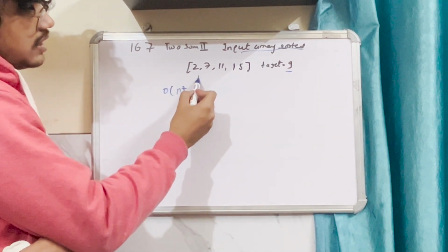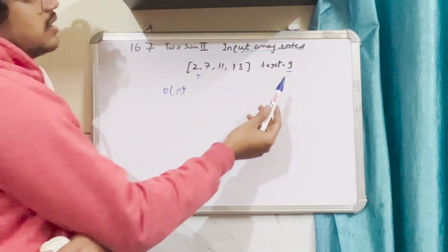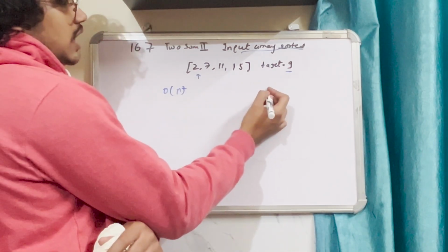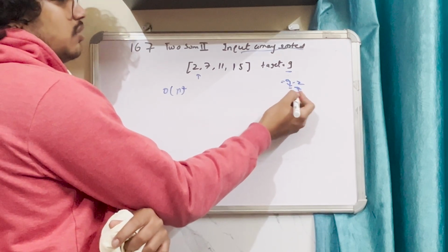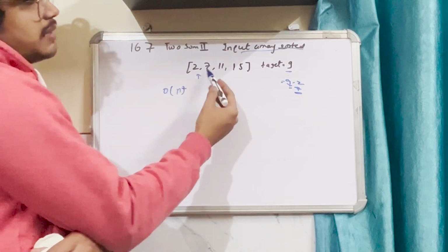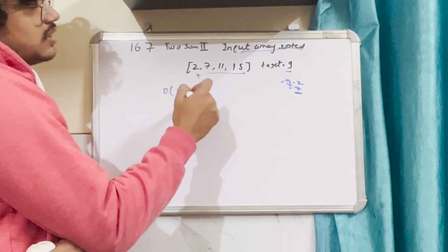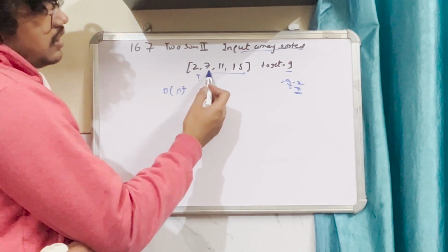You select an element and subtract it from the target. Like if you choose 2, now your target will be 9 minus 2, which equals 7. So you have to look if this 7 is present in the whole array or not. If it exists, then you return the index of the 2 and the index of 7.